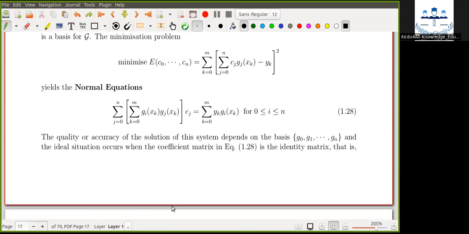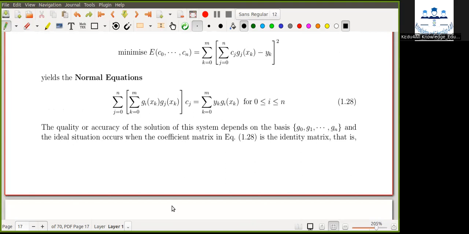Now the interesting thing here is particularly this expression, which is like our A. It depends on i and j, so we can call that A_ij, which are the entries of the coefficient matrix for the linear system.